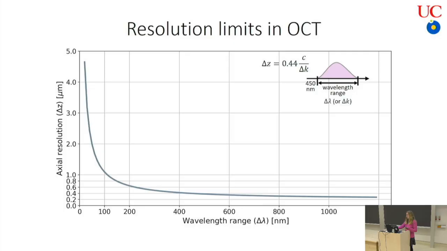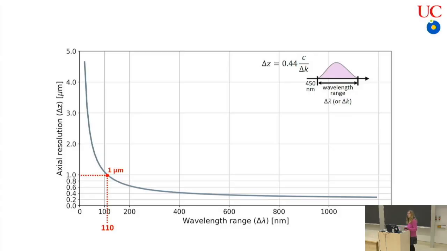We see it's not linear. Actually, this is the equation governing the change of the axial resolution as a function of the wavelength range. So to get 1 micrometer axial resolution, we need a bandwidth of 110 nanometers.